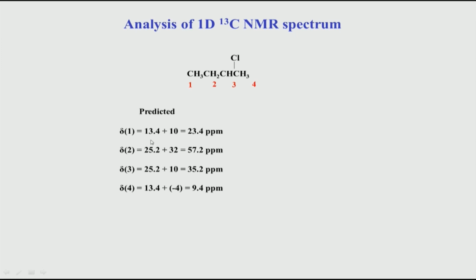Similarly, for delta 2, which is this carbon, the base value is 25, again coming from butane, and then you add this contribution and you get 32. For delta 3, it is directly attached to the chlorine, and if you take this value, you get 35.2. And similarly, for delta 4, it is minus 4. So, you have to basically look at that.